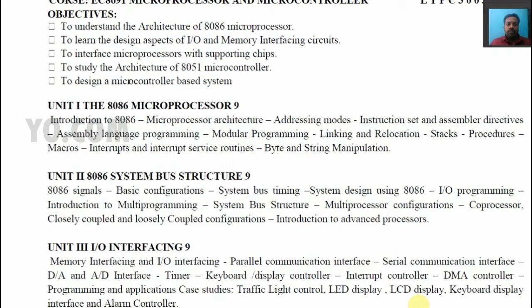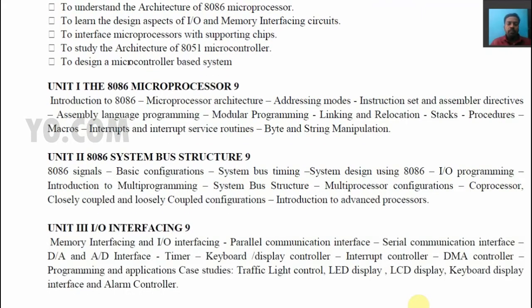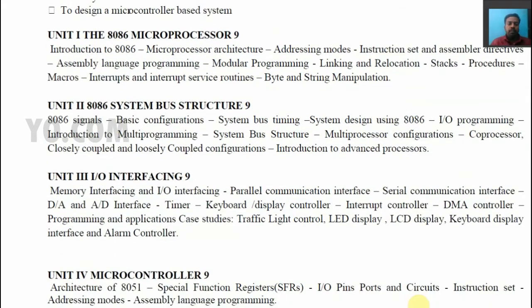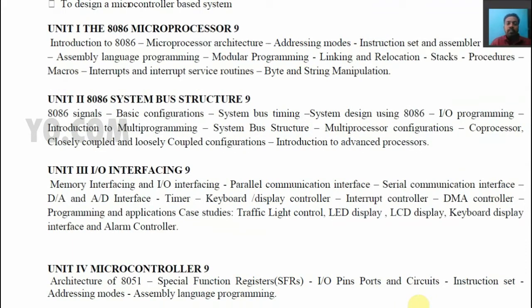And in unit 2 we are going to study the bus structure. Bus, as already told, is a group of wires. So how the bus structure is present in the 8086. In this we are going to study the signals of 8086, that means the pin diagram.